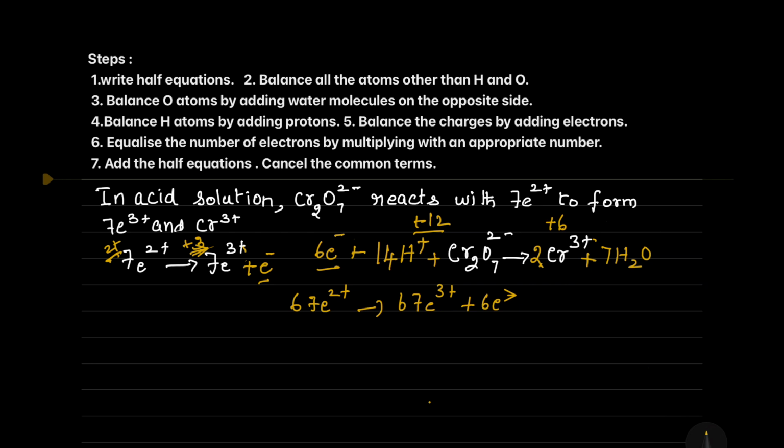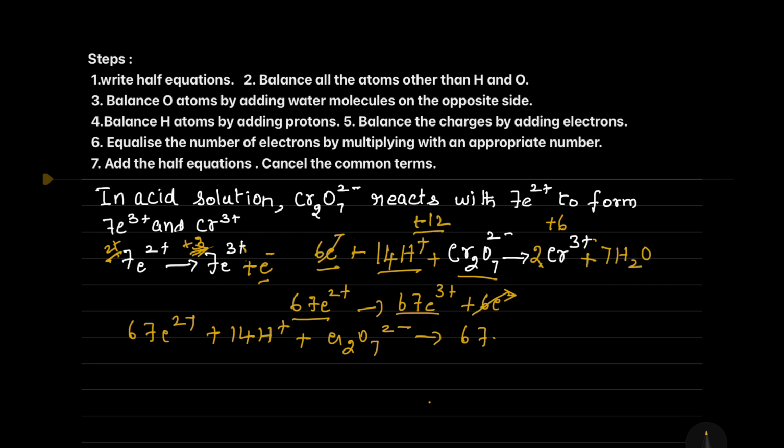So when we cancel the 6 electrons on the first half equation and in the second half equation, and then when we add, we will get 6Fe2+ plus 14H+ plus Cr2O7 2-, giving rise to 6Fe3+ plus 2Cr3+ plus 7H2O. This is the final balanced redox reaction.